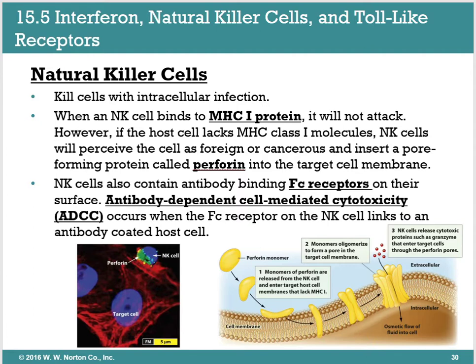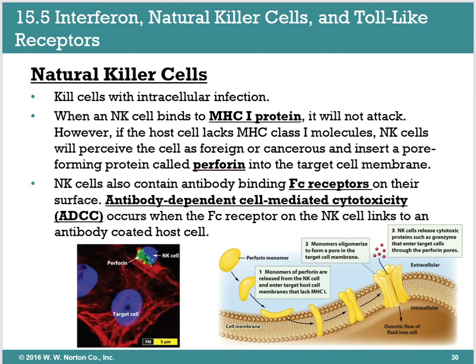I believe that was the main thing I wanted to mention. I do want to mention the FC receptor because I believe I mentioned that in class. On top of being able to recognize MHC proteins, they also have the FC receptor on their surface.